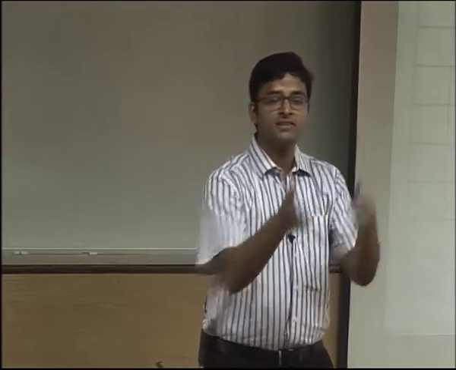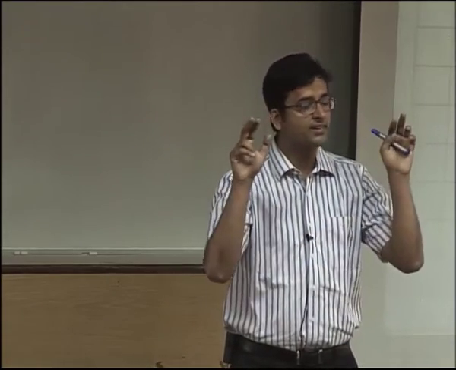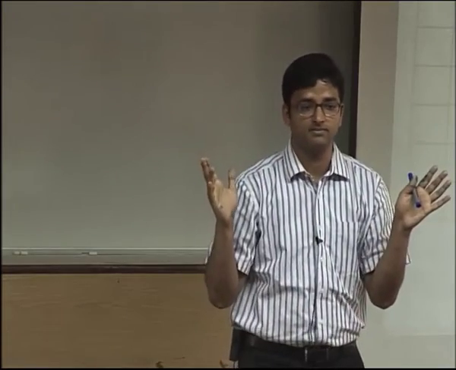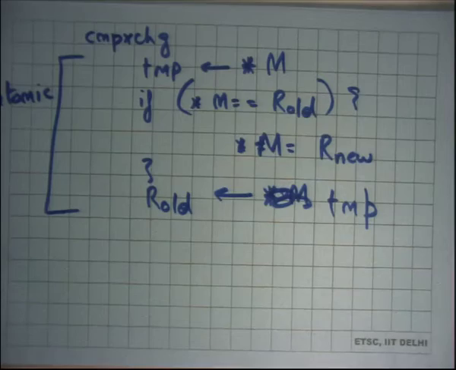So the compare and exchange instruction is saying something similar: change the value of this location to this new value if its value is the same as the value that I have read before. So this "nobody has written in the middle" is captured by the value being the same, okay. And this is an atomic instruction; you can put the lock prefix in front of it to make it atomic.